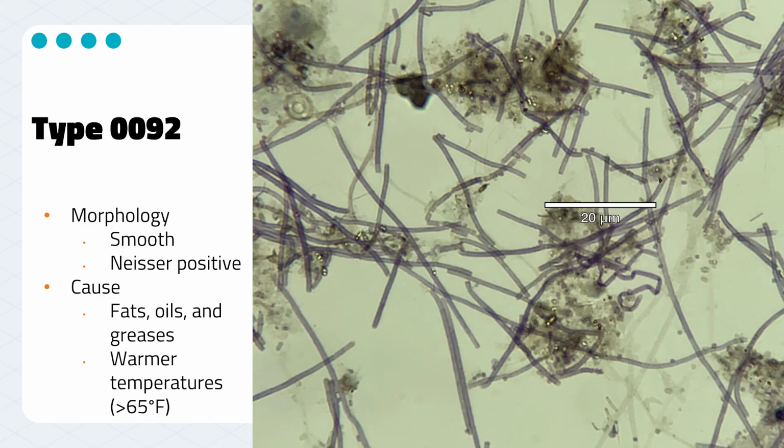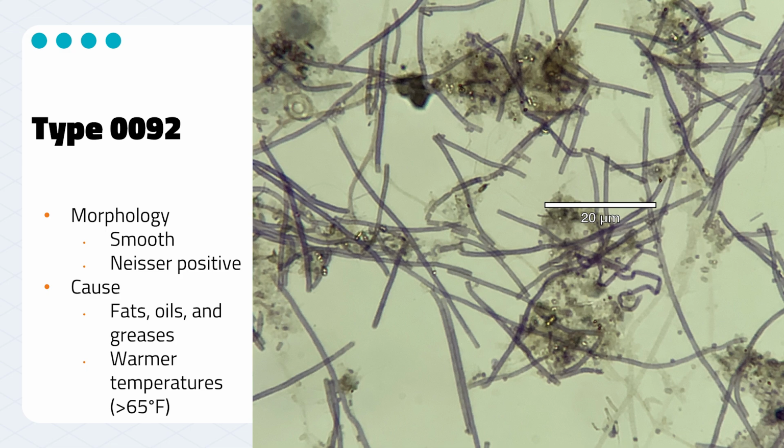Type 0092 is a smooth, Neisser positive filament. It tends to grow in those straight, longer patterns, and it is mostly caused by fats, oils, and greases within your system, as well as potentially volatile fatty acids. Now, this filament is associated with warmer temperatures, and it does cause foaming.